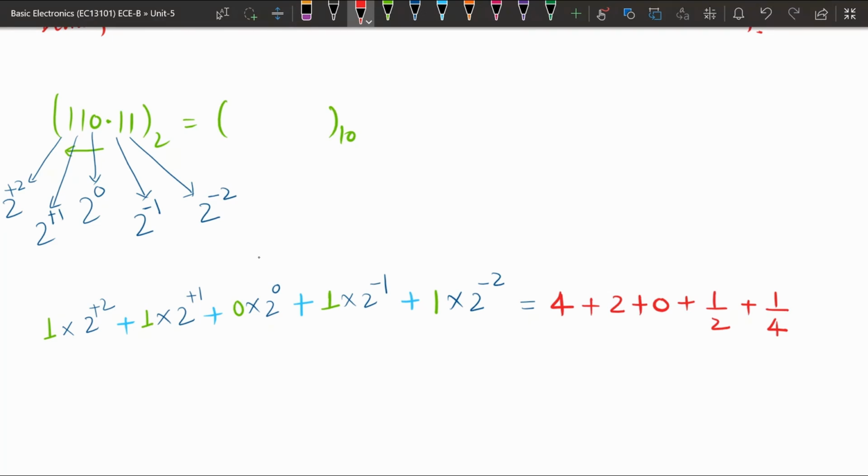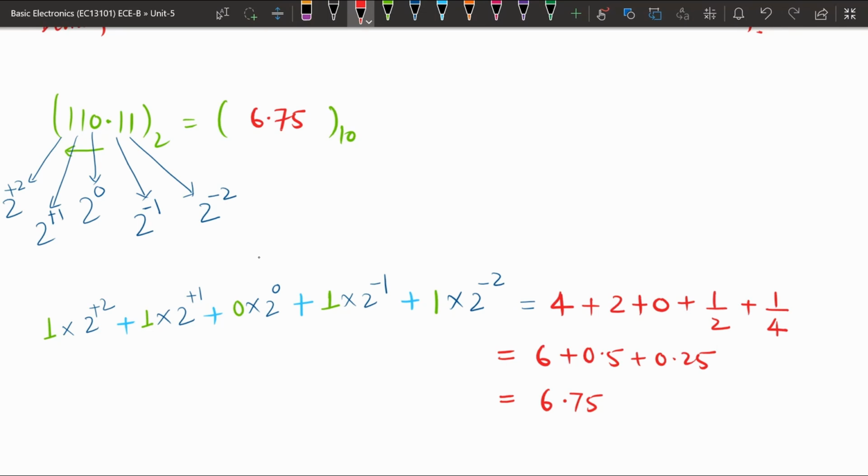So we write 4 plus 2 is 6, plus 1 by 2 is 0.5, and 1 by 4 is 0.25. Adding these two, it will be 0.75. So this is 6.75, its equivalent representation in decimal.